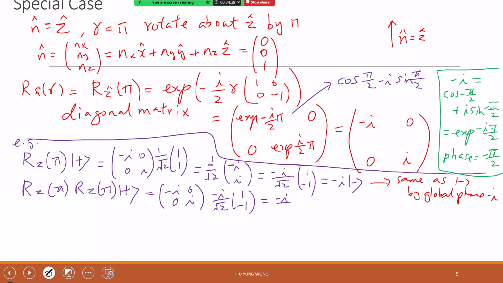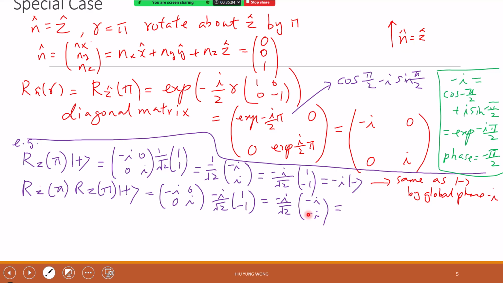This is negative I divided by square root 2. I just take this out and then start doing the math. The matrix multiplication is going to give me negative I and negative I. Because negative I times 1 plus 0 times negative 1 is negative I. 0 times 1, I times negative 1 is negative I, right? So I'm going to factorize this out.